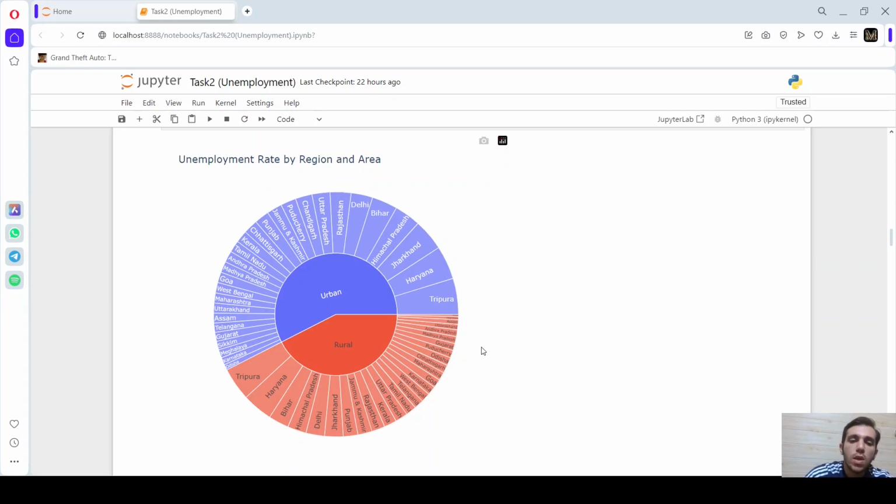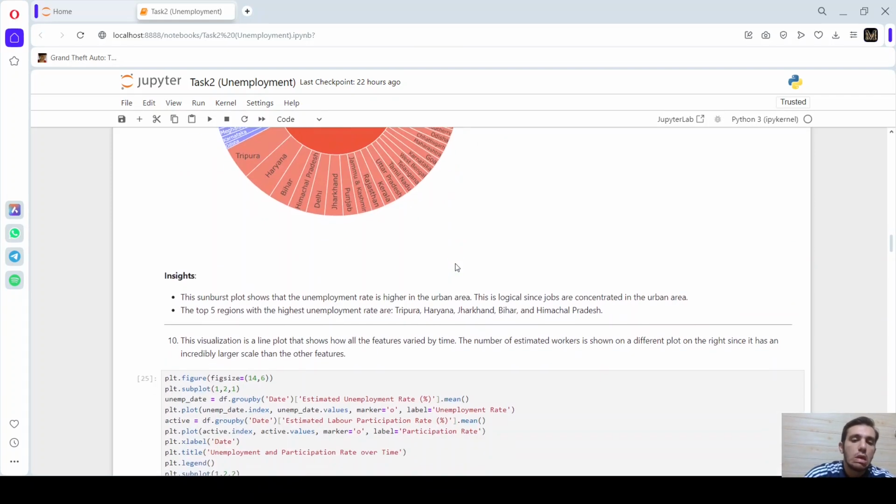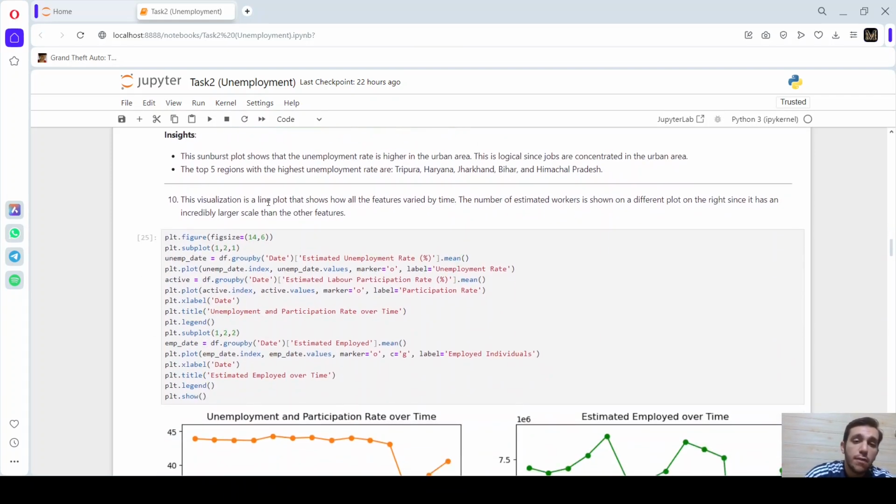Anyway, we can see that Tripura and Haryana are still the regions that got the highest unemployment rate, whether in the urban sections or in the rural sections. So the top 5 regions with the highest unemployment rate are Tripura, Haryana, Jharkhand, Bihar, and Madhya Pradesh.